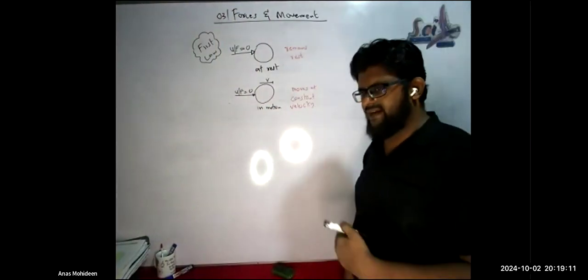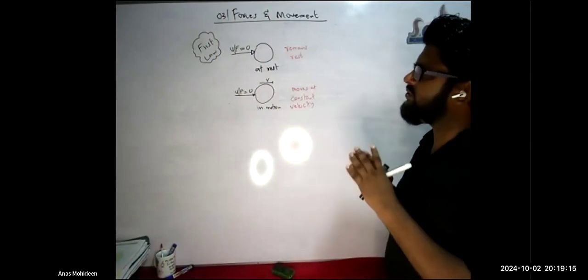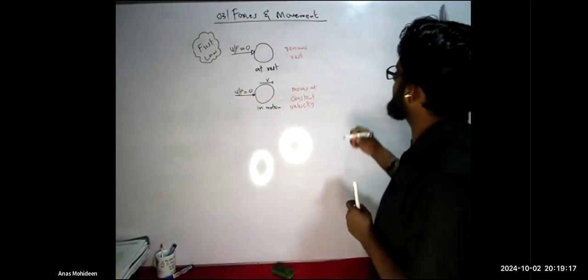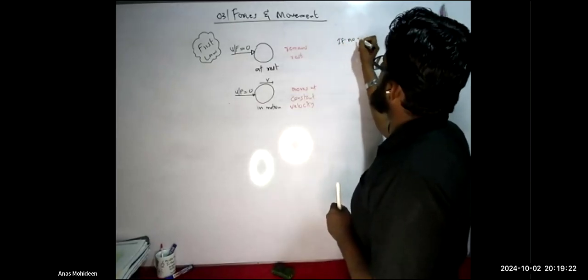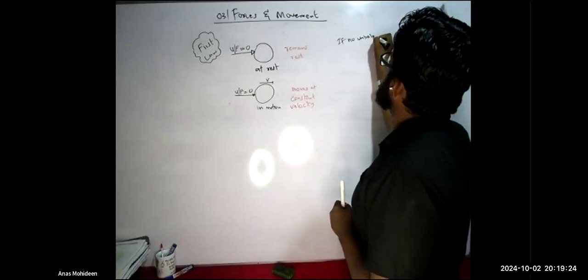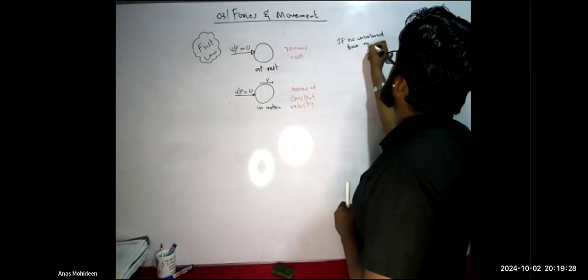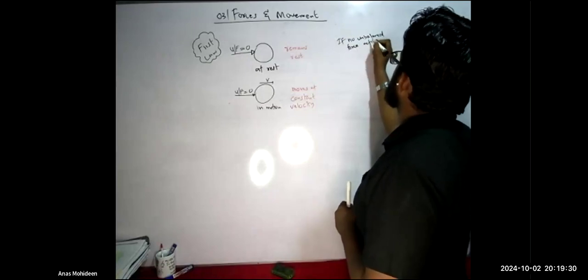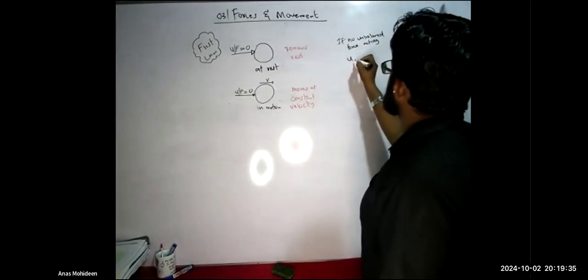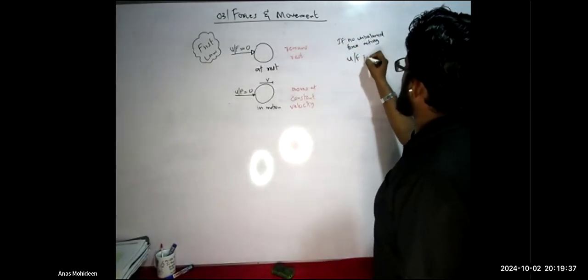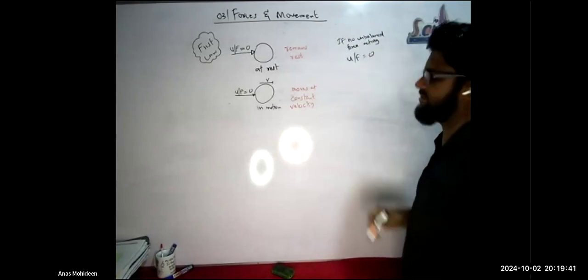So from this, we are deriving some ideas. Let's say if there is no unbalanced force acting, UF, I'll just take it as short, this is not a standard symbol, UF is equal to 0.